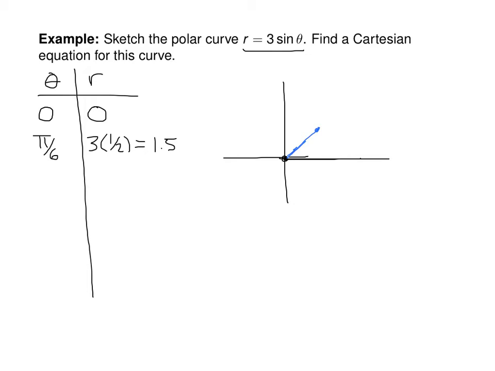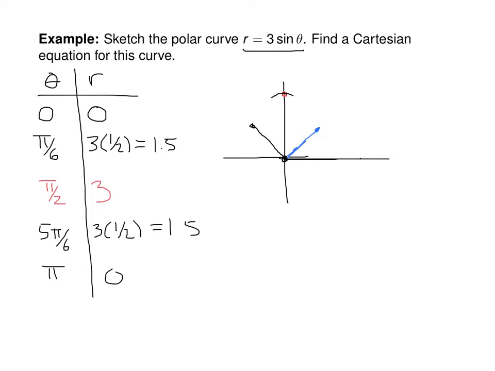Plugging in pi over 4 and pi over 3 doesn't yield very nice numbers, but when we plug in pi over 2, sine of pi over 2 is 1, so we get 3. So by there we're up at 3. And by 5 pi over 6, sine of 5 pi over 6 is also 1/2, so we get 3 times 1/2, or 1.5 again. So that's the point over there. And when we plug in pi, we're back at 0, and then we're going to cycle again.